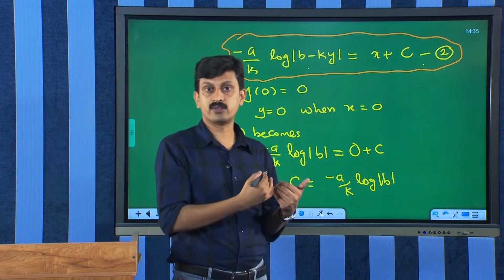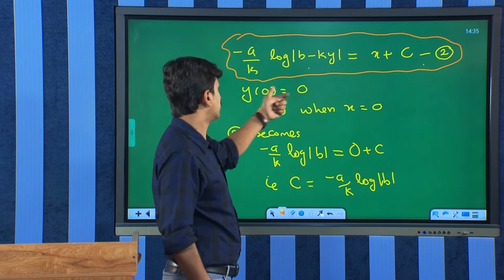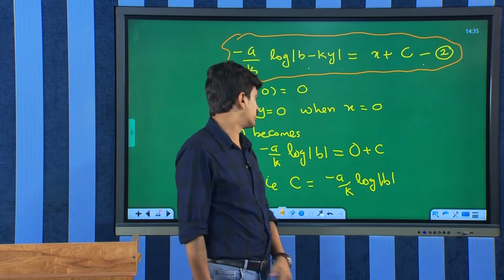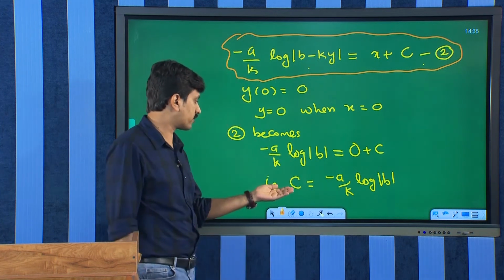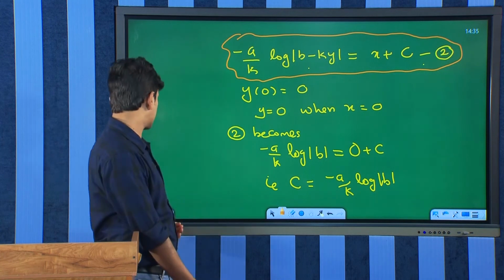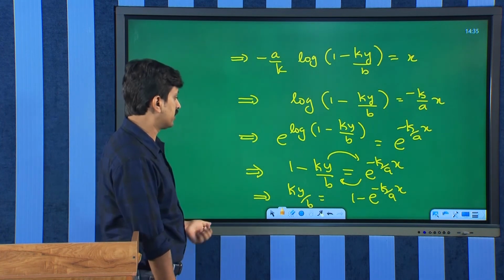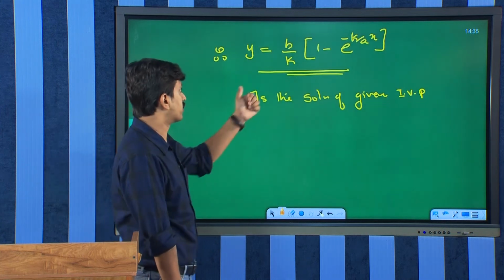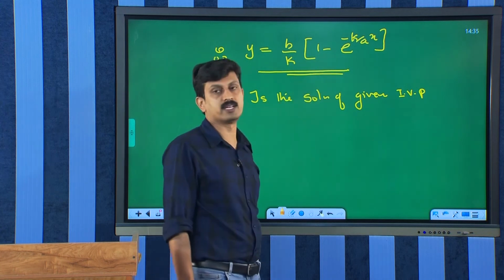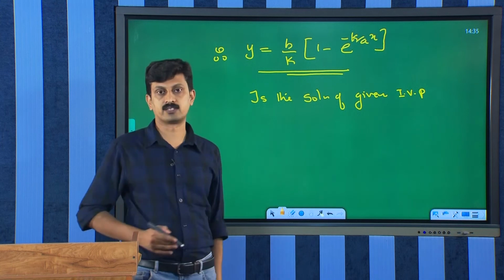To find the value of C, we apply the initial condition y of 0 equal to 0. That means y is equal to 0 whenever x is equal to 0. We apply C into equation 2, so we will have a particular solution. By reducing and manipulating this, we found the particular solution as y is equal to b by k into 1 minus e raised to minus k by a x. So, this is a very nice part of the differential equation.